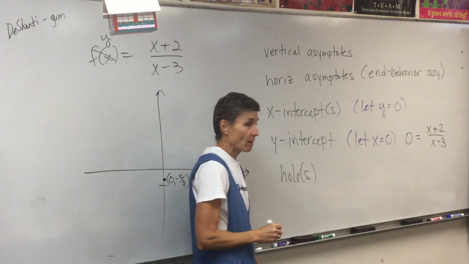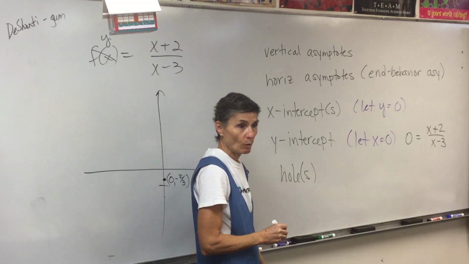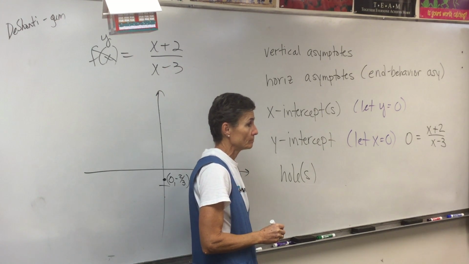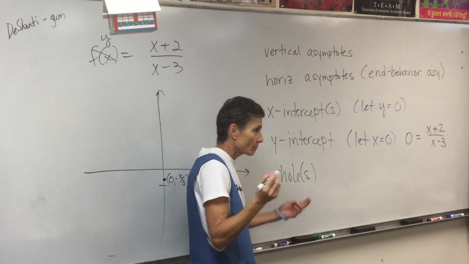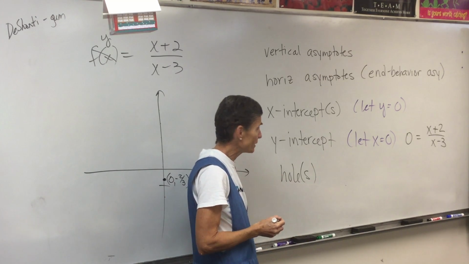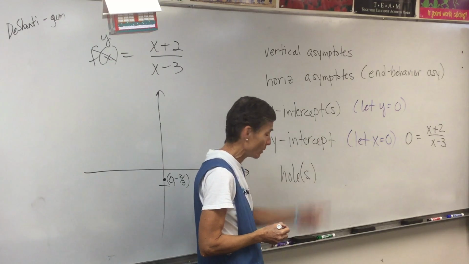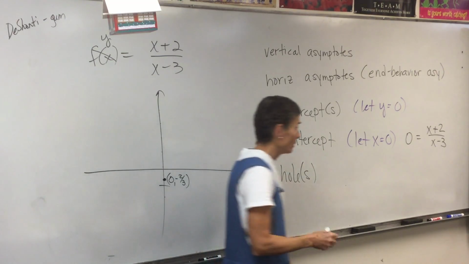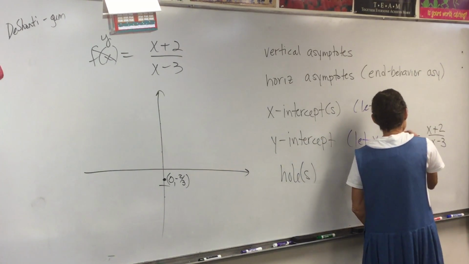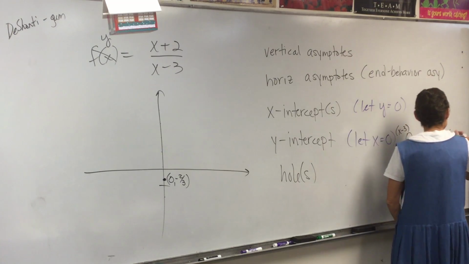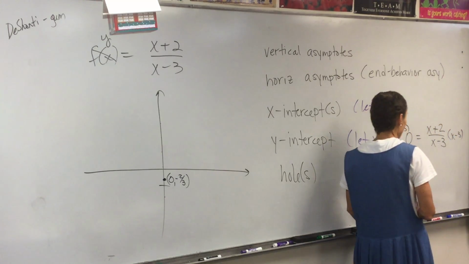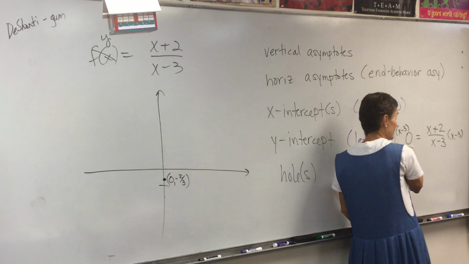Now, how do I solve that? What would you do to solve that equation? You know how to do this. I mean, you've done this since like 3rd grade. How do you solve an equation like that? Multiply by X minus 3. Now, what is the really great thing that happens when you do that? What's this equal? 0.